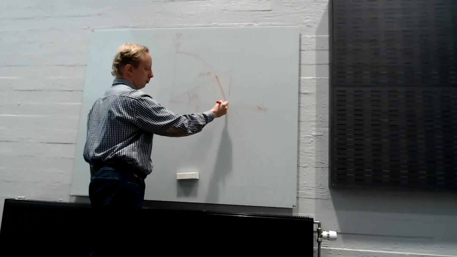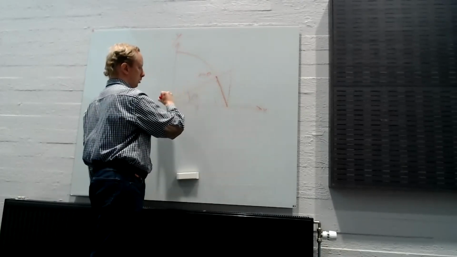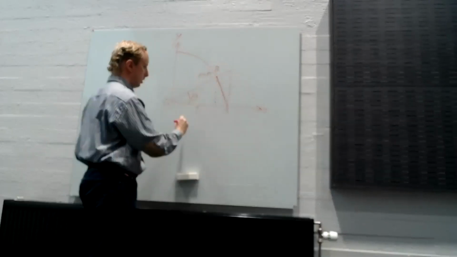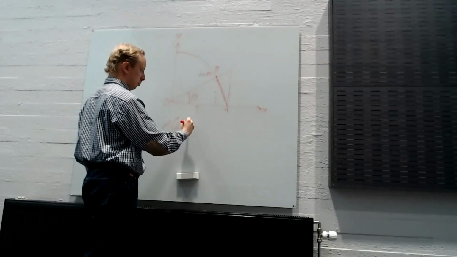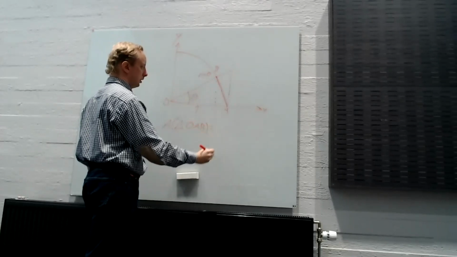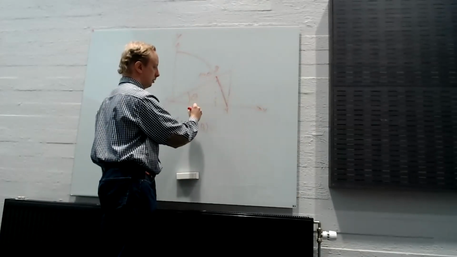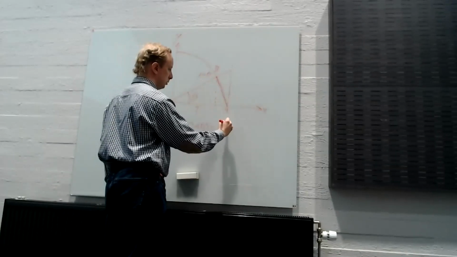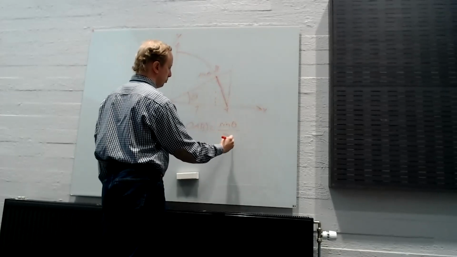So if we draw here a straight line, origin is here, let's call this A, let's call this B, then the area of the triangle OAB is, well, okay, the height times base divided by 2, base is 1, so it's sin theta by 2.